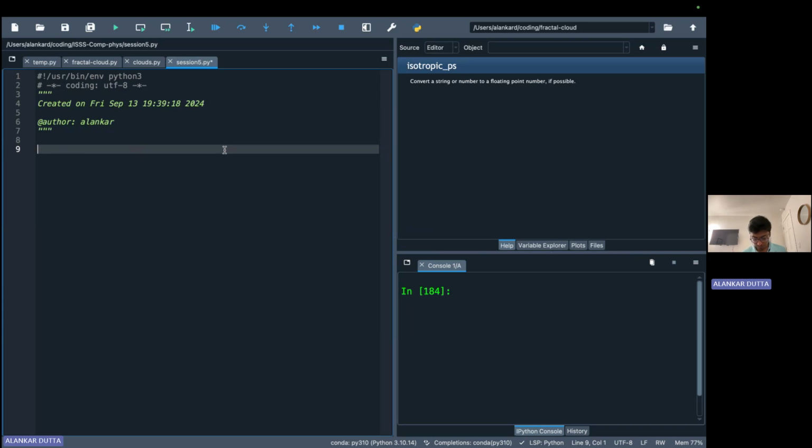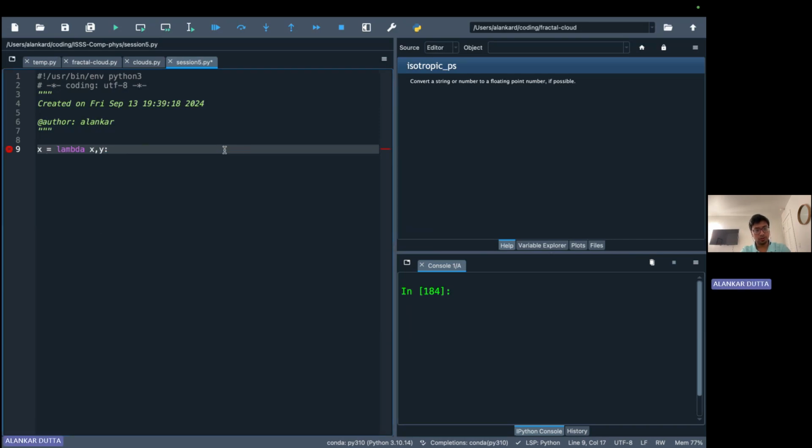So let's try to write the two functions. The first function is x, so we will write x equals lambda x comma y.